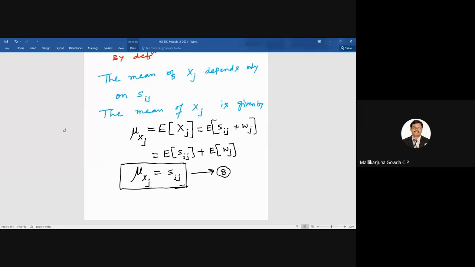The variance of the random variable xj, I'm unable to move to the next page. Any questions to ask so far? Whatever I've discussed, I will tell the mean because I'm not able to go to the next page.